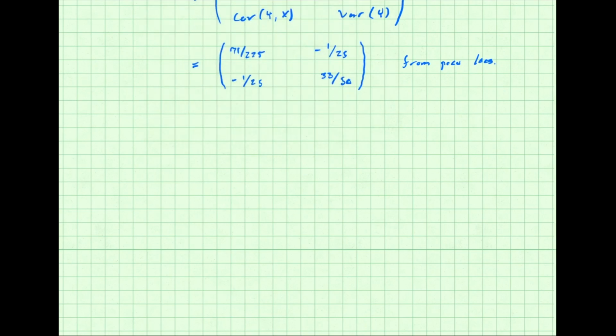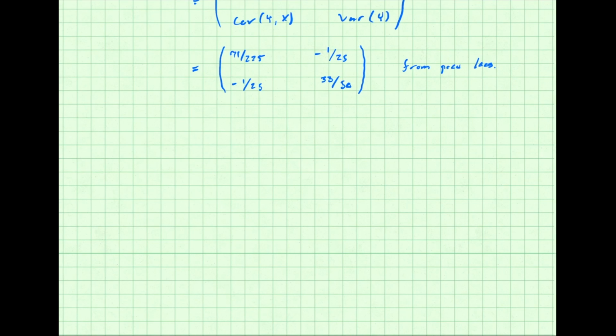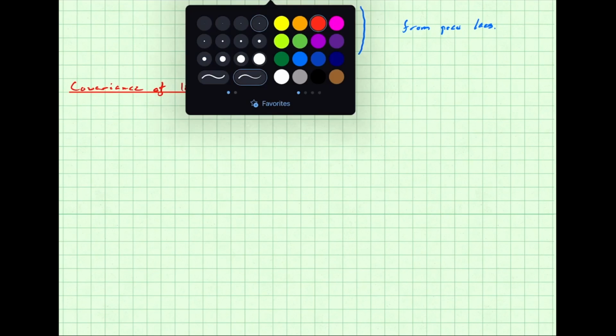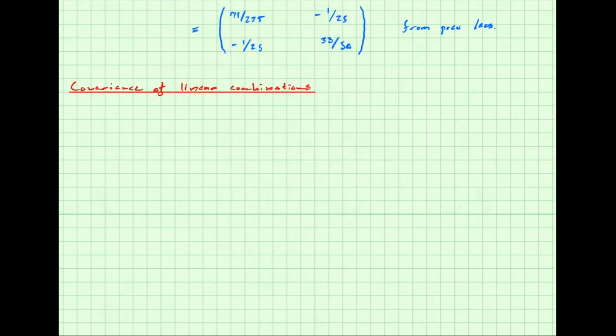So we're going to talk about the covariance of linear combinations of random variables. Okay, so we're going to start with a claim.